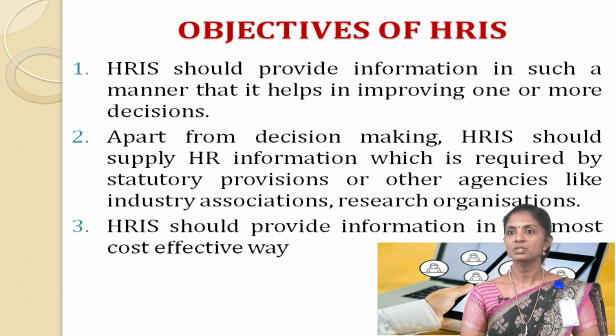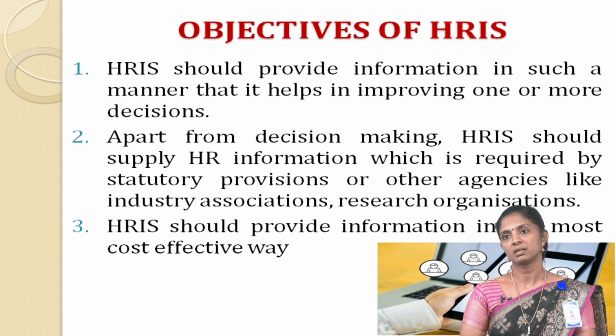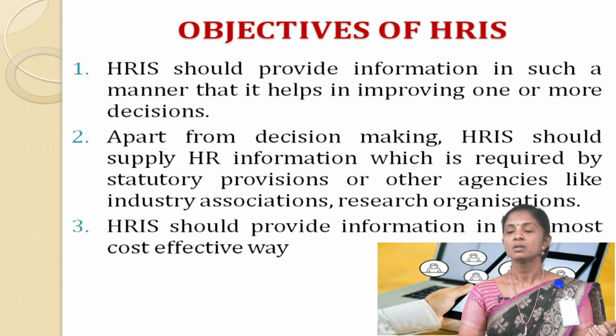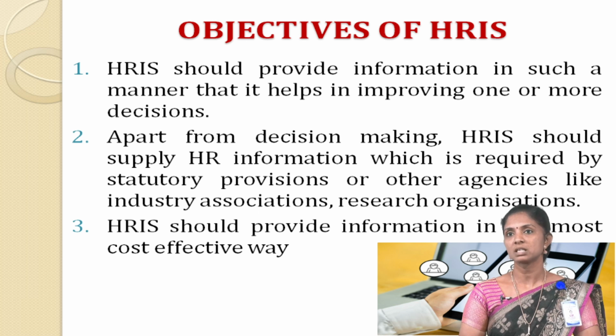That is, it must cause an appropriate decision to be made and a less appropriate decision to be rejected. The information has no value if the same decision would be made even without it. Thus accurate, relevant and timely information is needed.